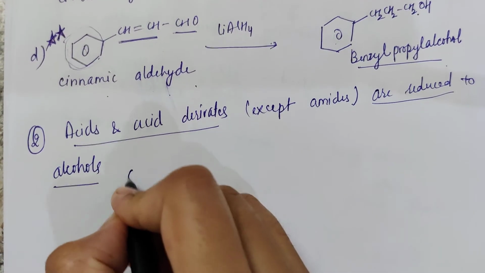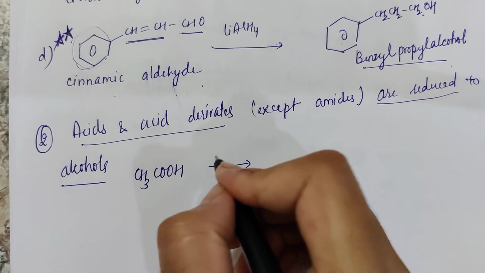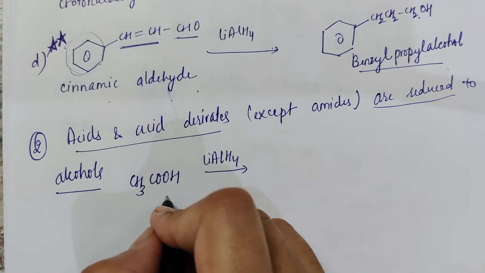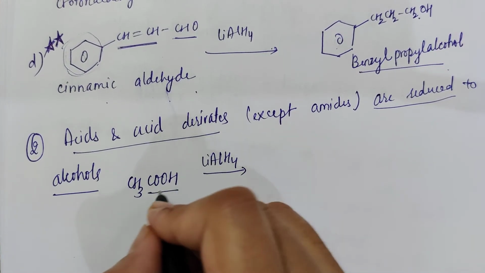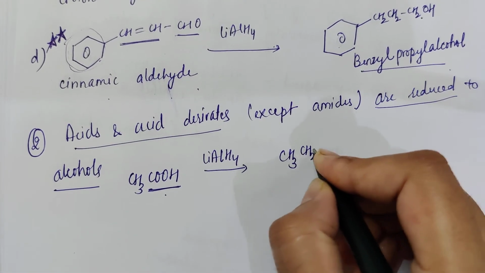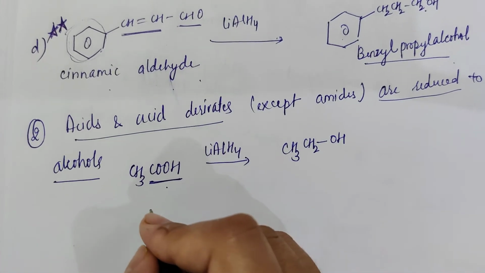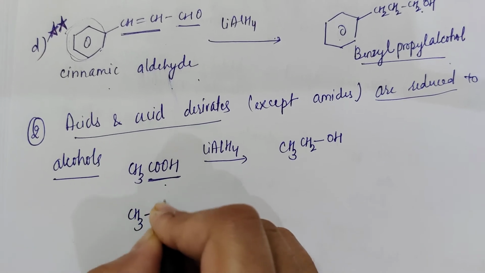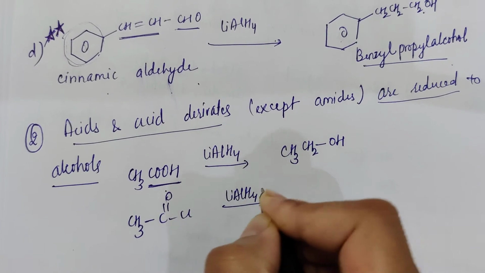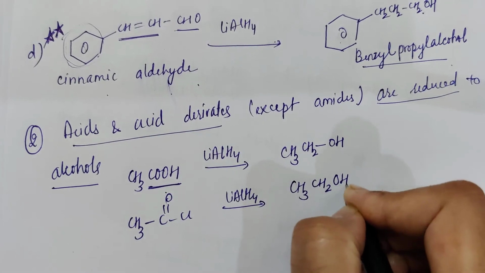If you look at the reaction, this is an acid group, it is getting converted into alcohol, that means CH2OH. If we talk about acid chloride, again acid chloride will give us CH3CH2OH.